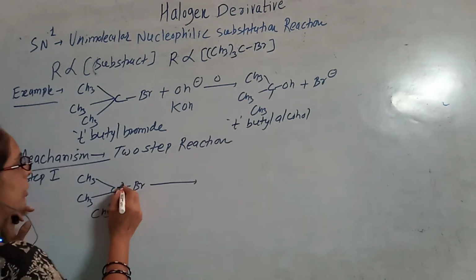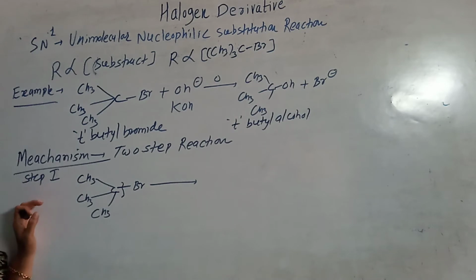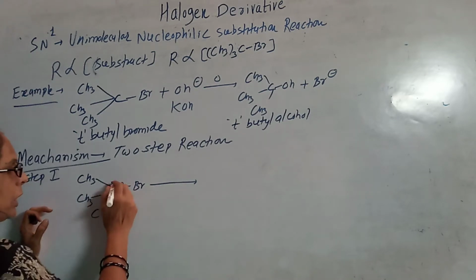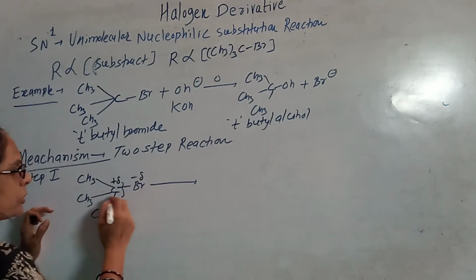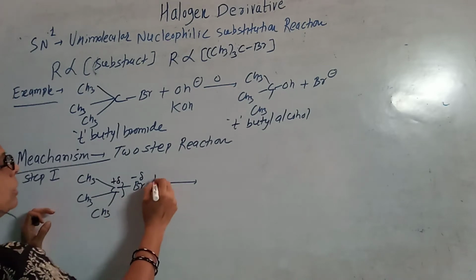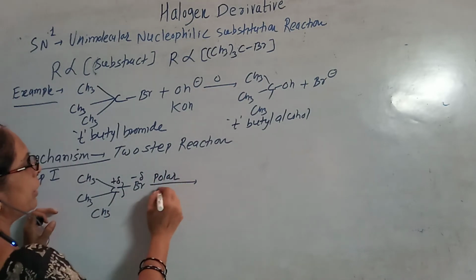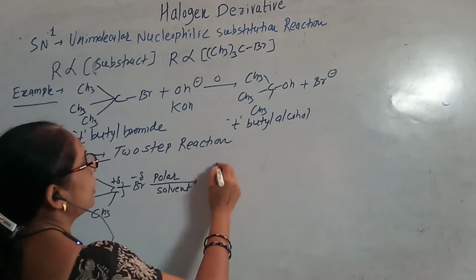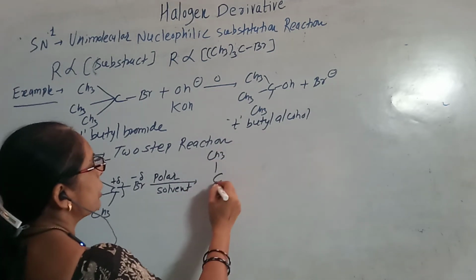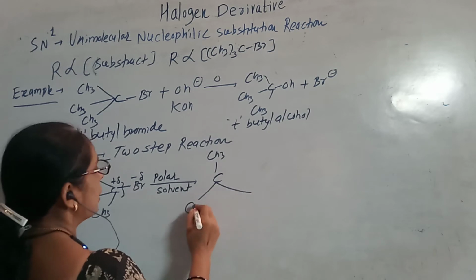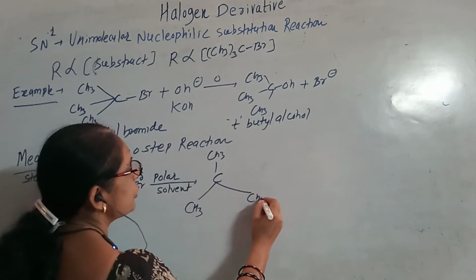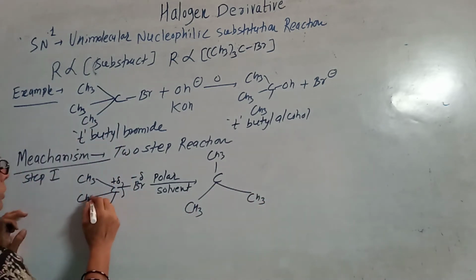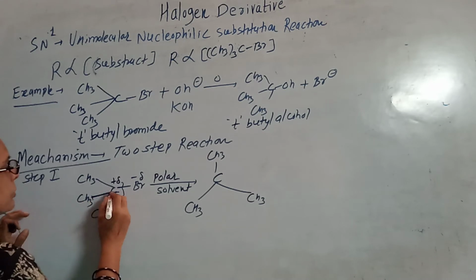Here the bond breaks. Heterolysis, because the carbon is positive and the bromine is negative, so this bond breaks. In the presence of a polar solvent, heterolysis can occur, and it results in the formation of the tertiary butyl carbonium ion. I can show it in 3 dimensions. So in this way.